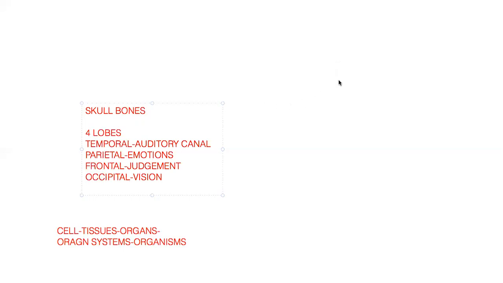Tissues. Tissues can be connective. Tissues can be epithelial. Tissues can be nervous. Tissues can be muscular.